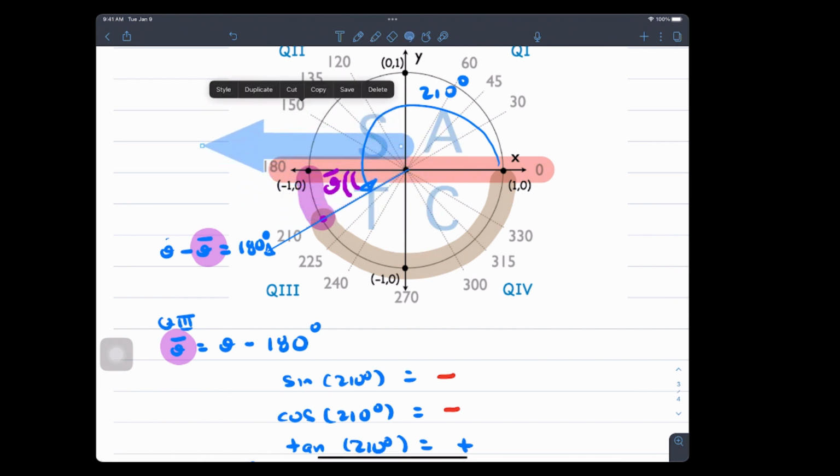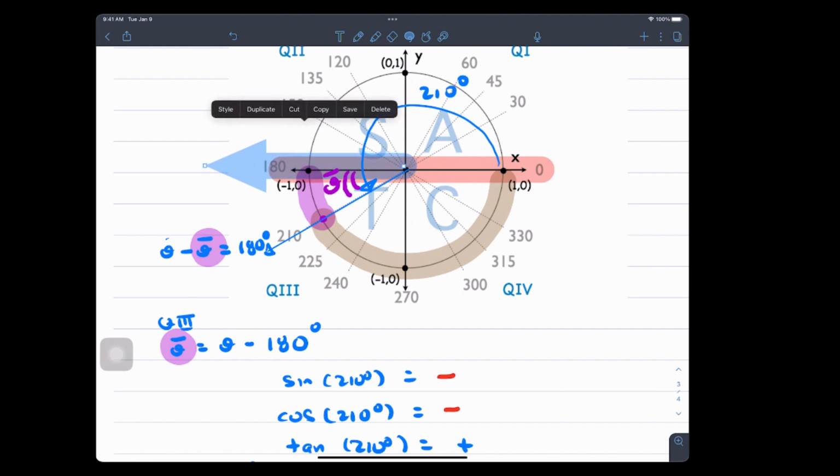So you're saying, hey, Mr. Judge, that the purple angle here is really 30 degrees. That should make sense. Why does it make sense? 180 plus 30 is what? 210. I'll say that again. 180 plus the 30 is equal to what? 210. 180 plus 30 is 210.